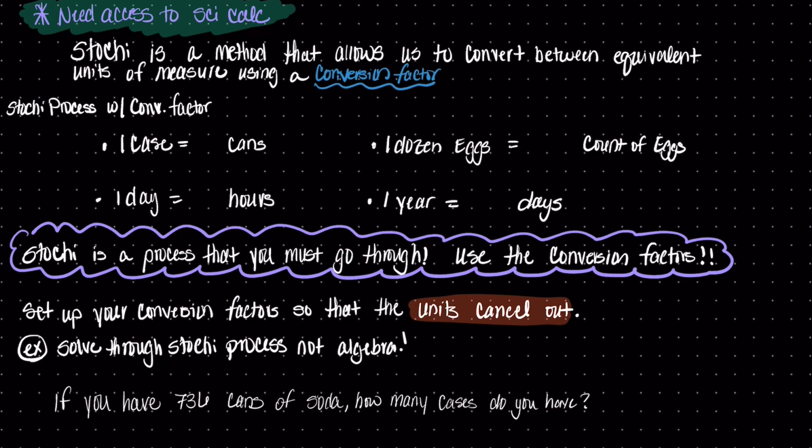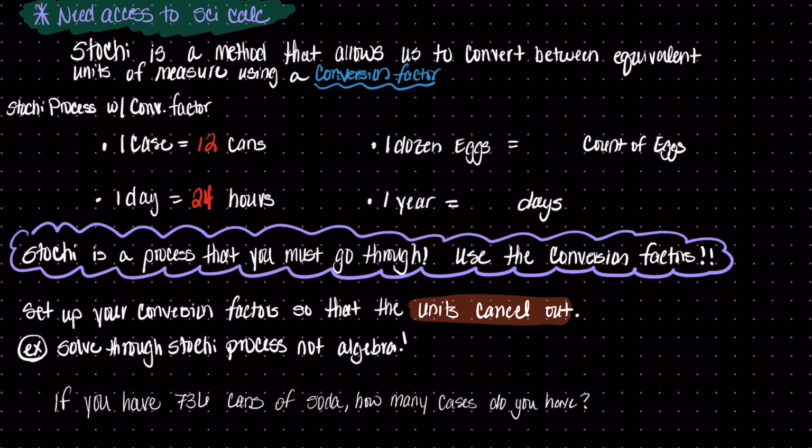So the process goes, if I ask you for a case of soda, how many cans would you expect to bring home? On average, it's 12 cans. Same thing, if I say you have 1 day to do this homework assignment, how many hours is that? You've got 24 hours.